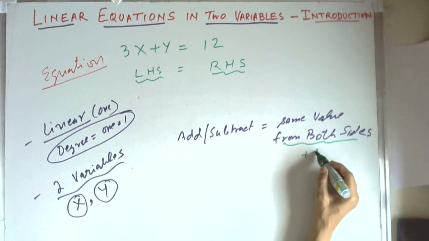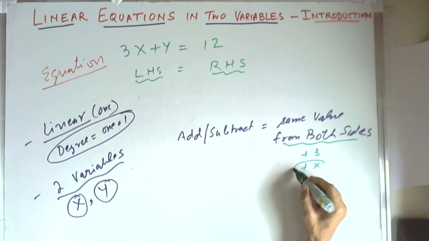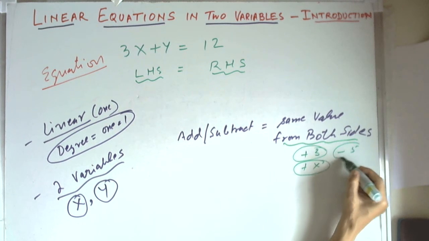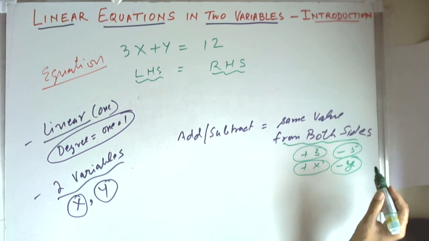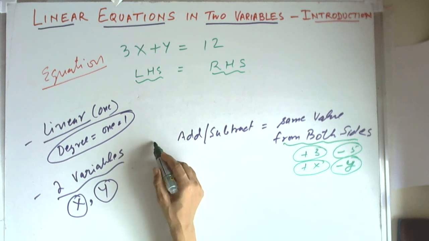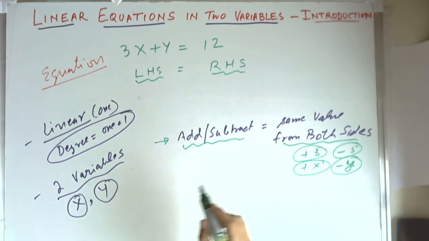We can add, say, plus 3 on both sides. We can also add even plus x on both sides. Similarly, we can say minus 5 on both sides, minus y on both sides. Whatever we want to do, as long as we are doing it on both sides, the equation still holds good. So while solving the equation, we can always do this add or subtract.